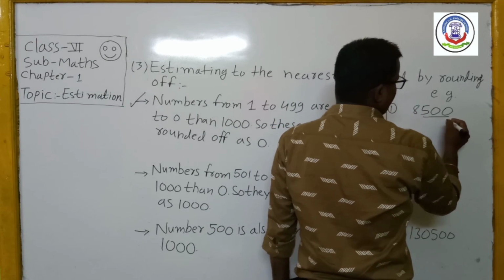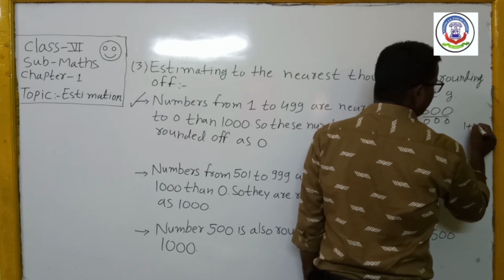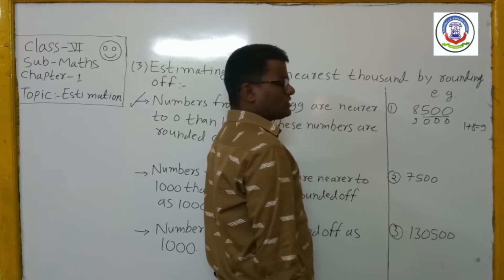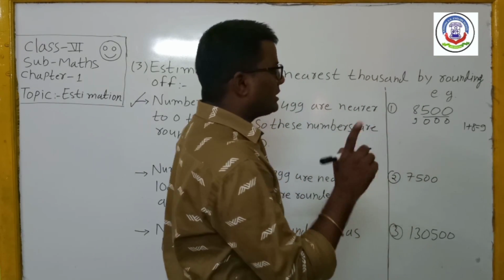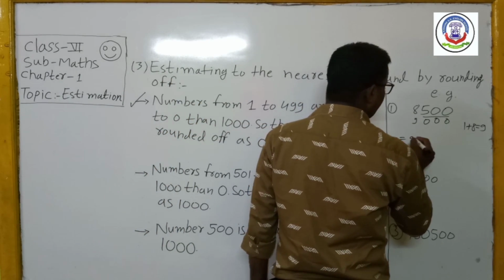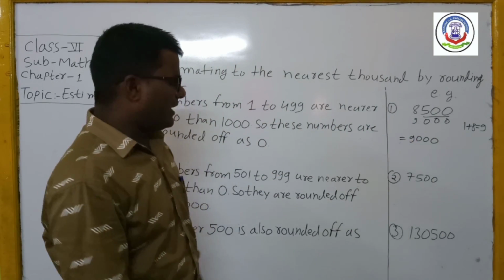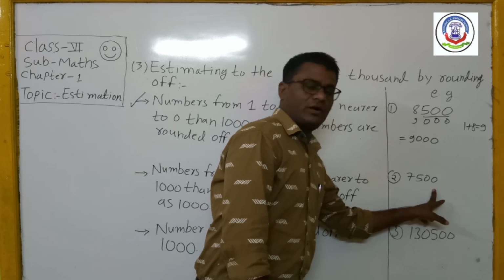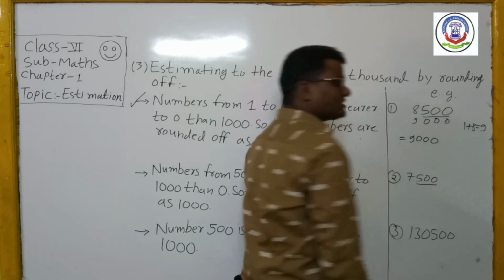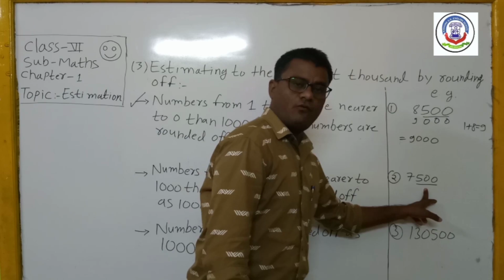Okay, here I have 000 and 1 is added to 8. It will become 9. So I write 9 below 8. Okay, so the required rounded off number nearest 1000 is 9000. Got it? Now another example, here 7500. What will we do? We'll underline the first 3 digits from right to left side. Okay, this is 500.